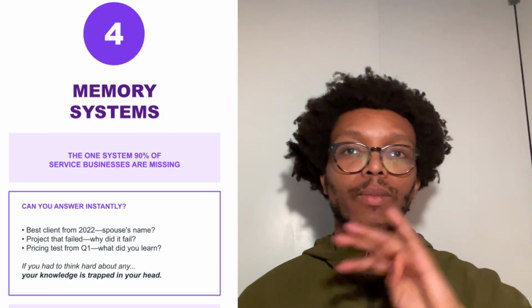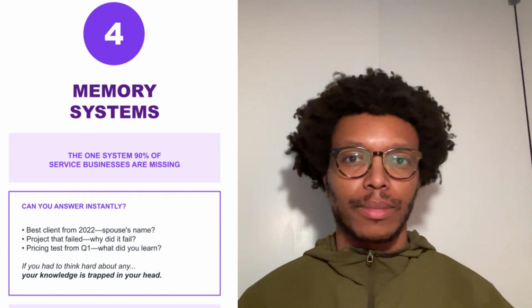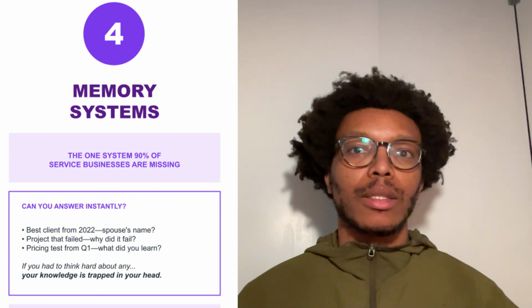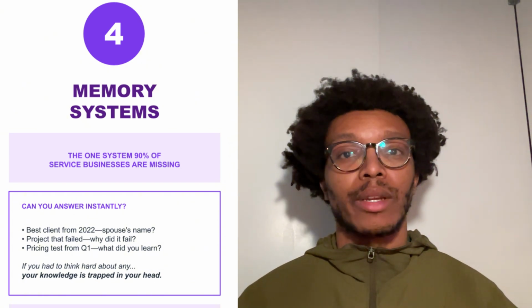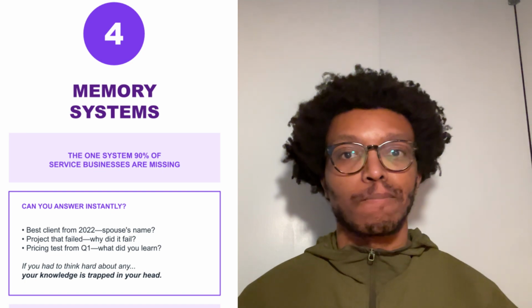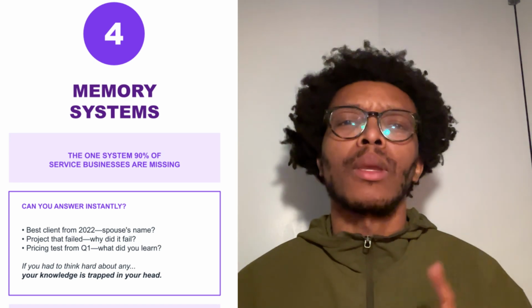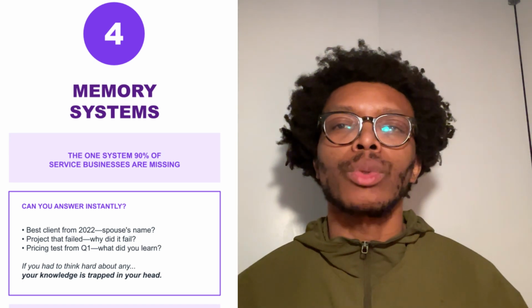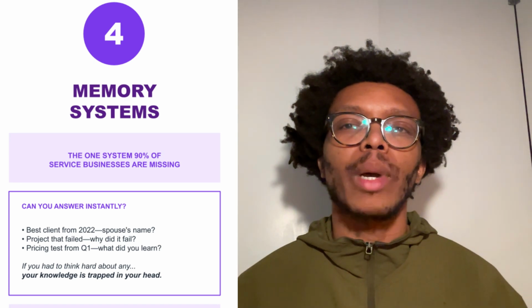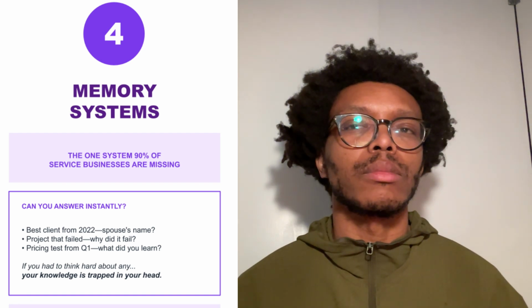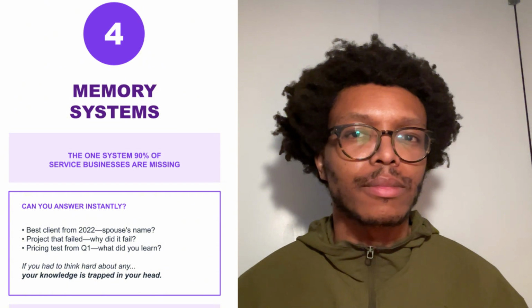System number 4 is memory systems. This is the one that 90% of service businesses are missing. Can you answer these clearly? Your best client from 2022, what's their spouse's name? That project that failed, why did it fail again?